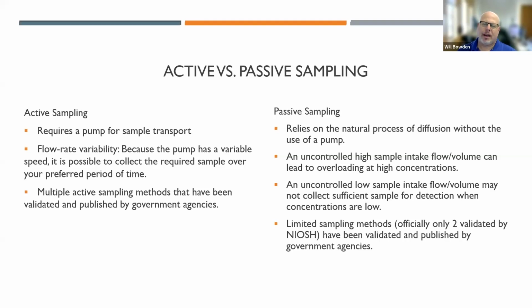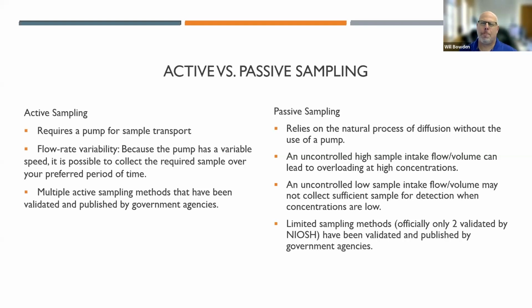On the opposite end of the spectrum, an uncontrolled low sample intake, flow or volume may not collect sufficient sample for detection if the concentrations are low. Now, when we say low concentrations, one of the benefits that we have with our InterScan products is the ability to measure down to parts per billion level, depending on the application.